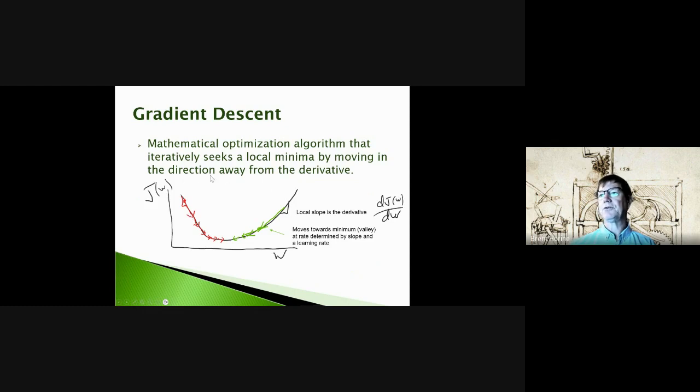So we're moving in a direction away from the value that the derivative gives us. And again, if we overshoot here a little bit, then our slope will change from negative to positive, and we'll kind of zero in on this local minima of the cost, right? So we're trying to minimize the cost.